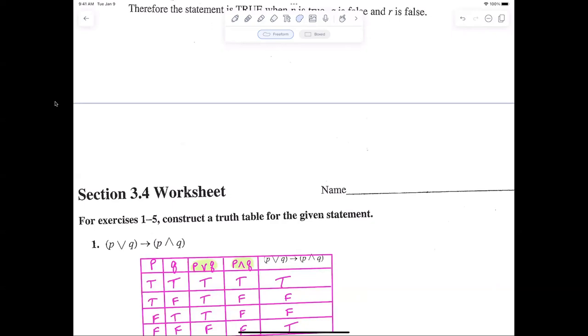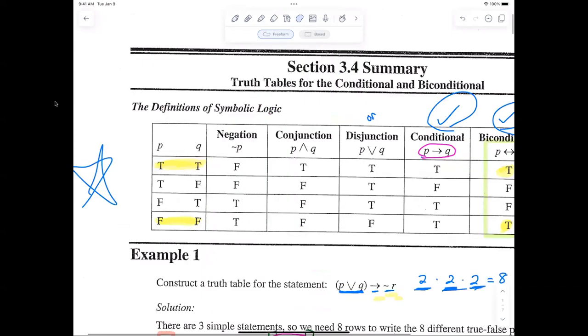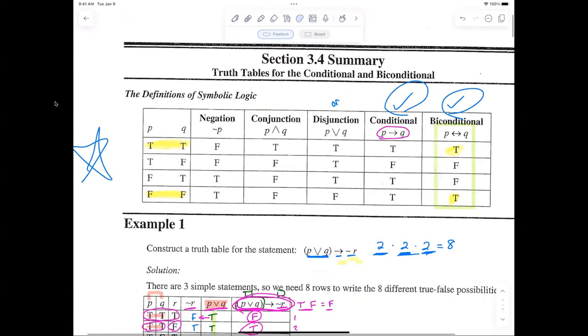But let's say you don't know that. That's why I want you to understand that up here was the key to success. It's telling you if you have an and statement, in order for it to be true, both have to be true. Yeah, from P and Q, we're always looking at P or Q, right?